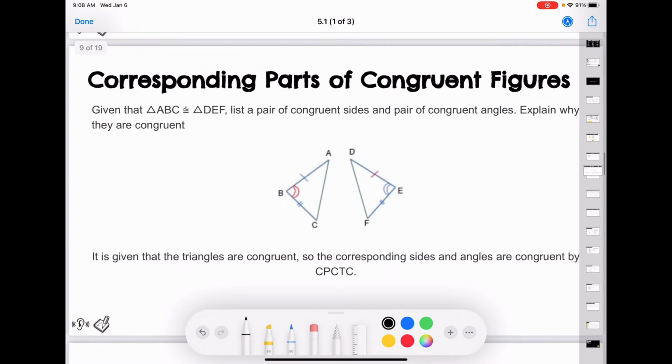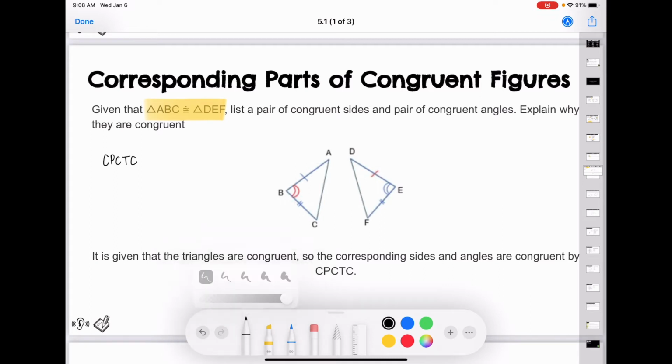So according to CPCTC, because we know these triangles are congruent already, because that's what we're told right here, we can go ahead and find congruent sides and pairs.